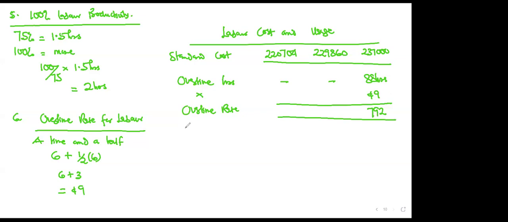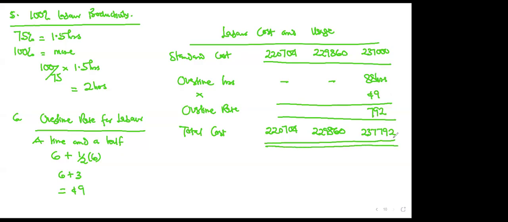So the total labor cost: 220,704, 229,860, and for this one, add this to it: 237,792, right? So that is it.